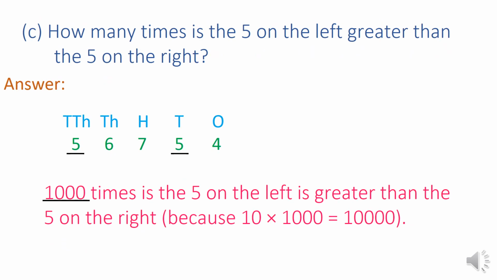Our third question is, how many times is the 5 on the left greater than the 5 on the right? The meter reading of Kumar's car is 56,754.